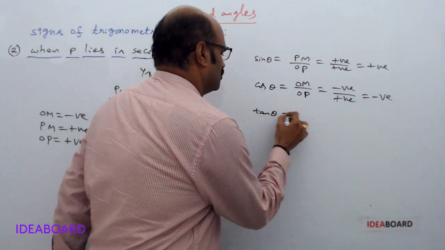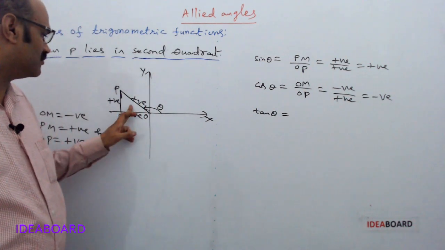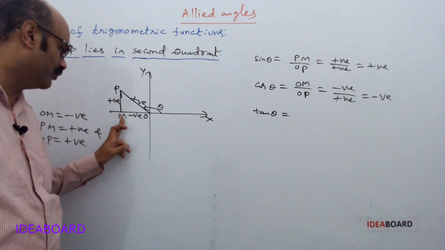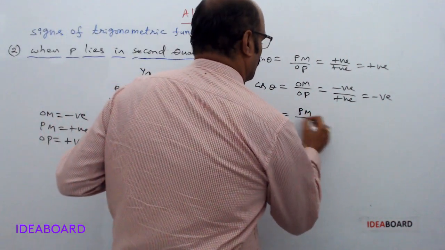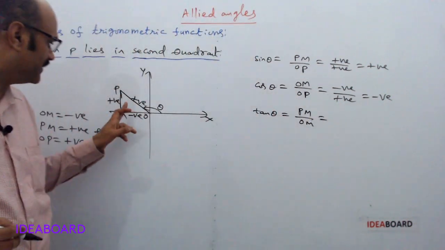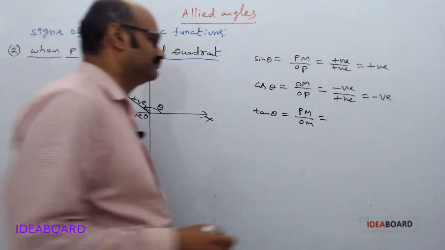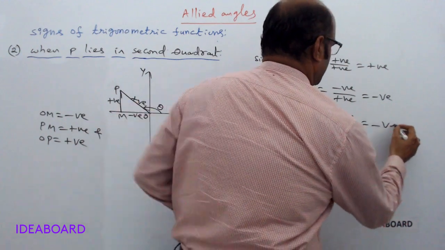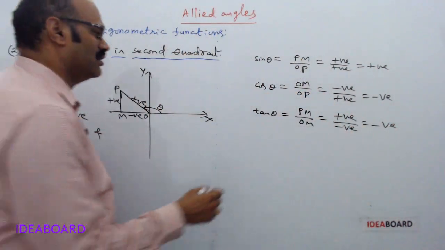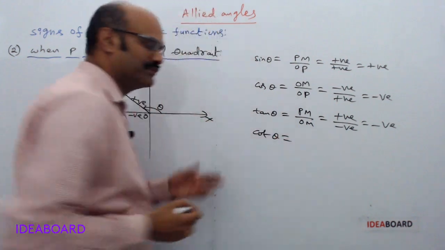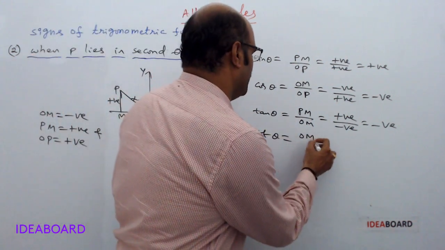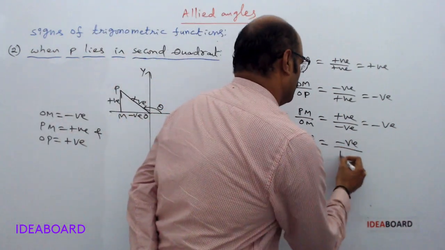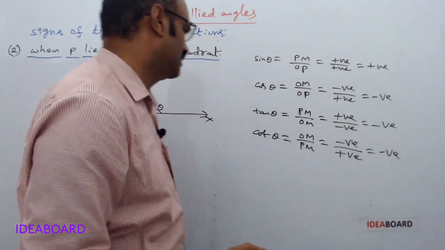Now tan theta equals opposite side by adjacent side, PM by OM, positive by negative, so negative. Cot theta is the reciprocal of tan, so OM by PM, negative by positive equals negative.